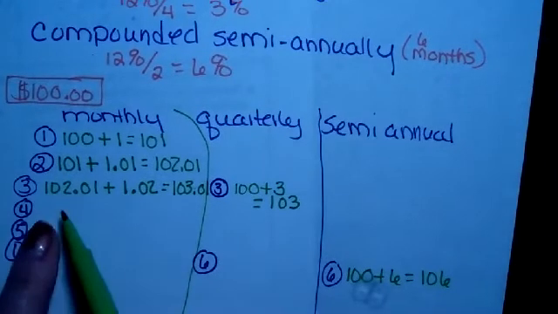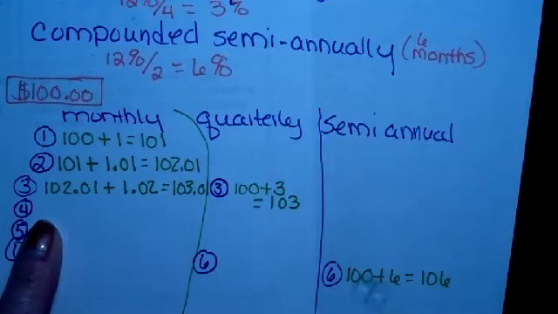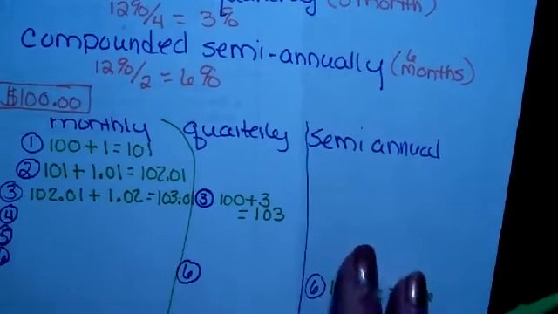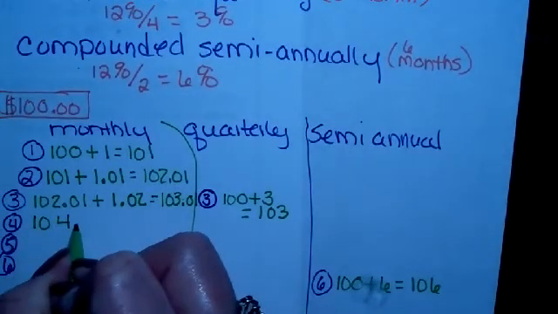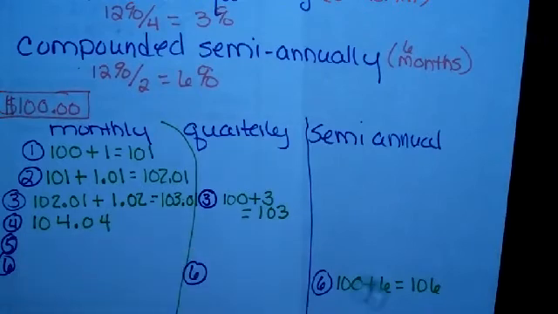Okay, let's go back over here for a second. Now I'm going to use my calculator right here. If I have $103.01 and I add to it 1%, my total here is going to be $104.04.